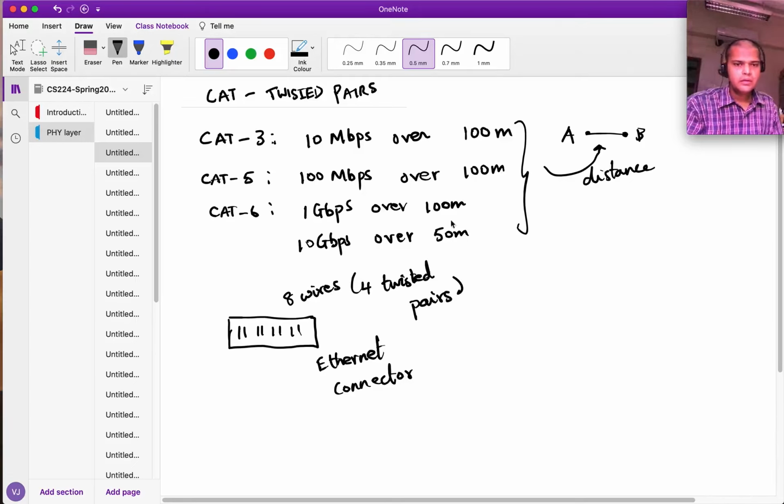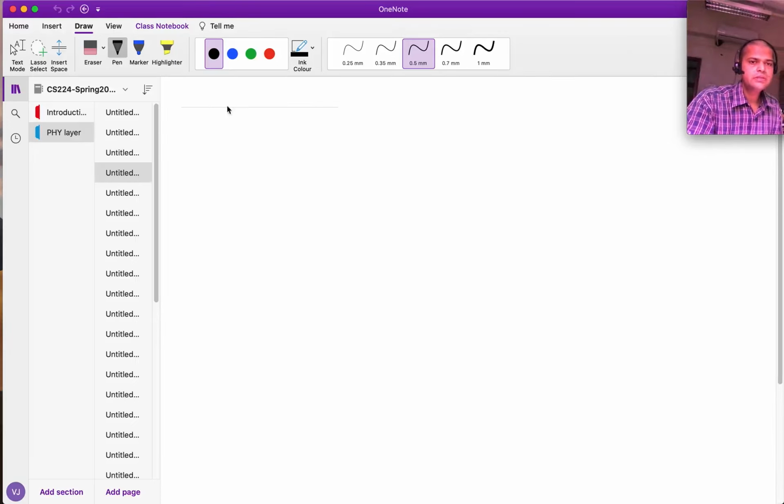Right, and so here A is talking to B using this, let's say, so there are 4 twisted pairs going between them, not just one, and they're really close to each other. So the winding has to be pretty good to ensure that the crosstalk between pairs is very small. So besides twisted pairs, we also have coaxial cables.